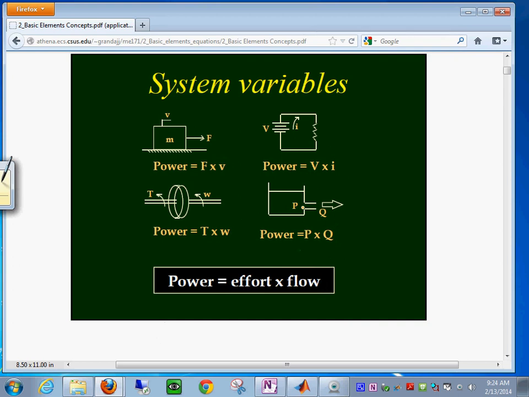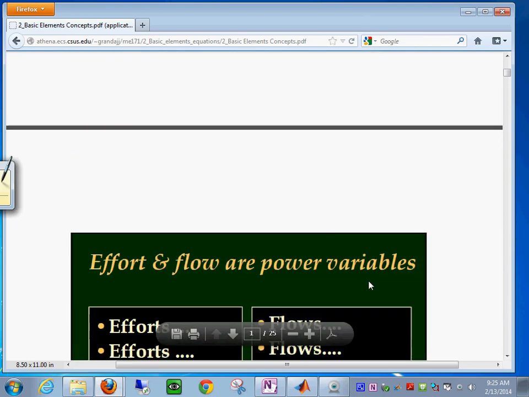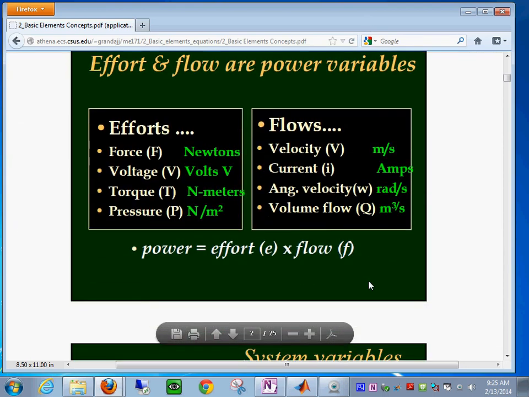As I mentioned to you, Professor Paynter at MIT in the 1950s came up with the idea that we could classify these families of variables, reduce them to these two, effort and flow variables, and generalize in such a way that we could represent systems in many energy domains with the same variables.